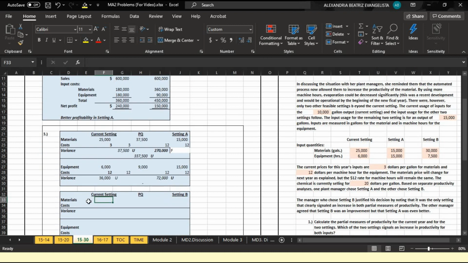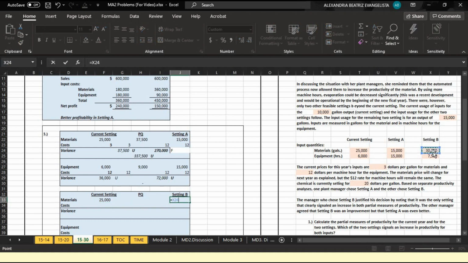And now let's analyze the changes in productivity for setting B. So once again, for materials, we're just going to input the actual quantity. For the current settings, again, that is 25,000 gallons. For setting B, that is 30,000 gallons.